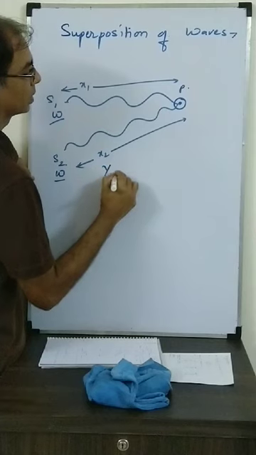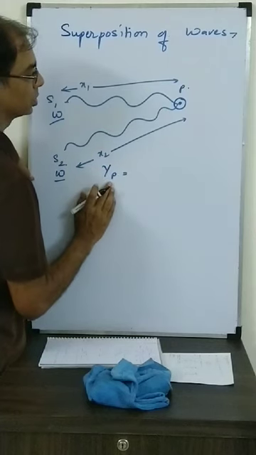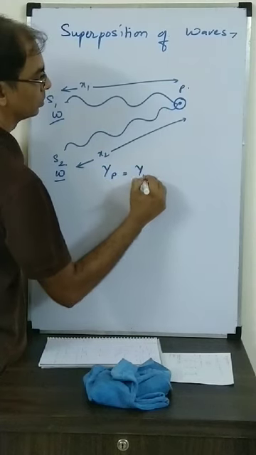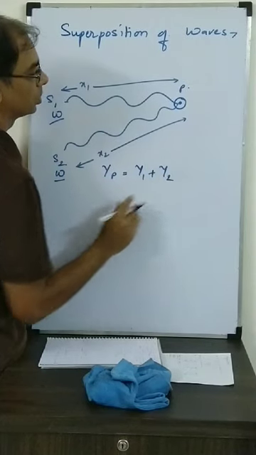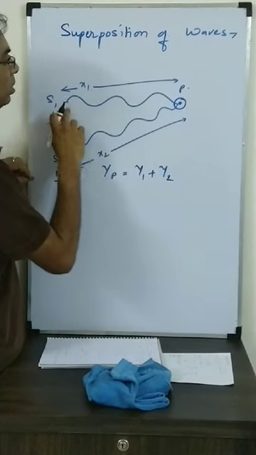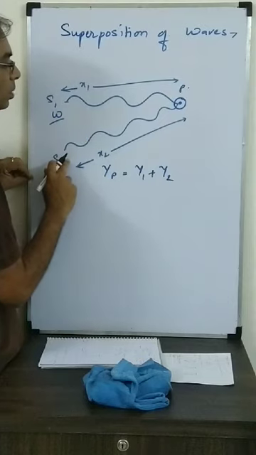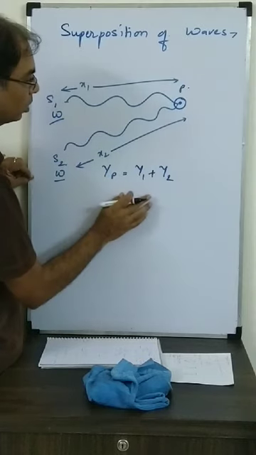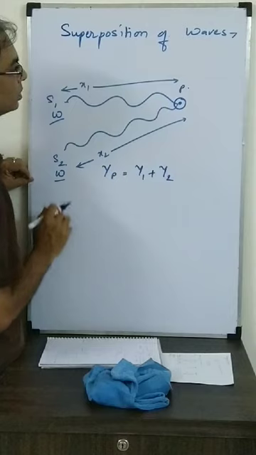If I write the simple harmonic motion of this particular point P, then we can say that the simple harmonic motion of P will be equal to the sum of two simple harmonic motions, one given by this source S1 and another given by this source S2. But before that we will write what is Y1 and Y2.